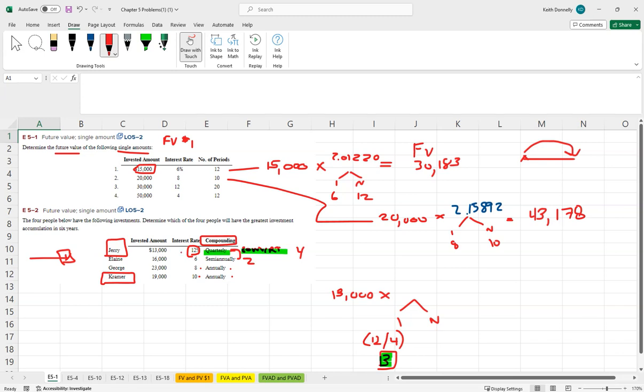The N, if we look here, is 6 years, but that needs to be converted too. Here we're going to multiply it times the 4 quarterly, so that'll give us 24, the converted N. Again, you would go into the table and find those numbers.